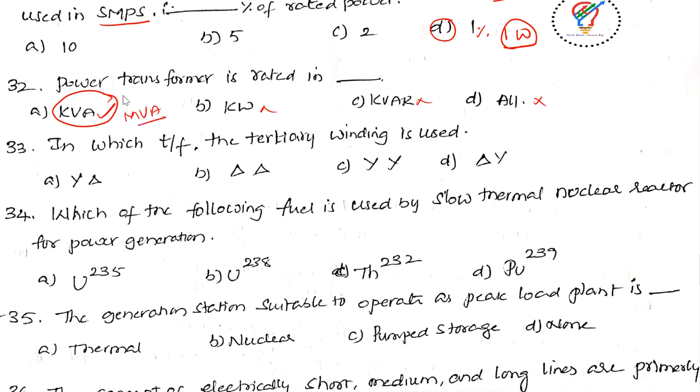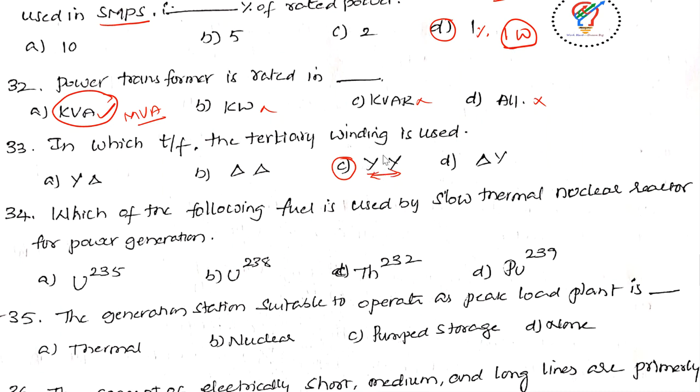Next one, in which transformer is the tertiary winding used? Among the options star delta, delta delta, star star, delta star, the tertiary winding is used in star star connection. Star star connection can provide supply to unbalanced loads also.